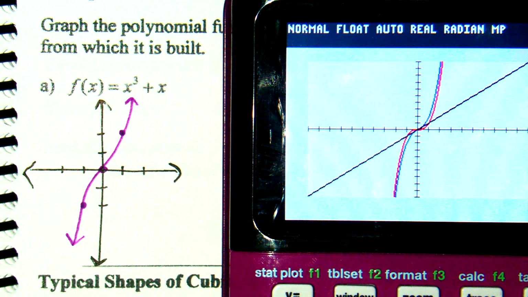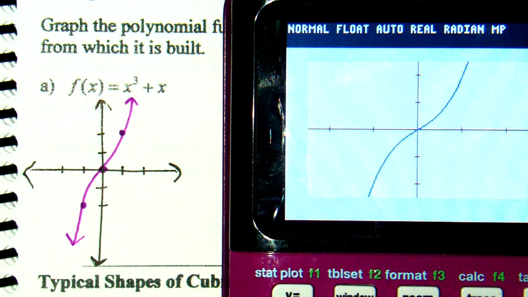If I just zoom in on the center there, okay, there's y equals x cubed plus x. There's y equals x cubed. And there's y equals x. Notice y equals x and my original graph. Do you notice how they overlap there at the center? I don't know if any of you virtually can do that on your own, but that's something that could be helpful there.